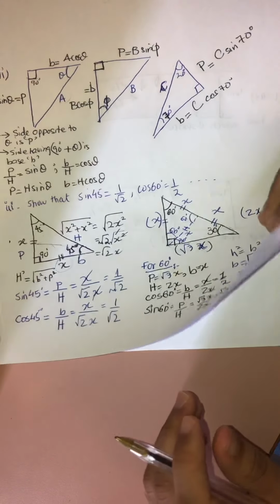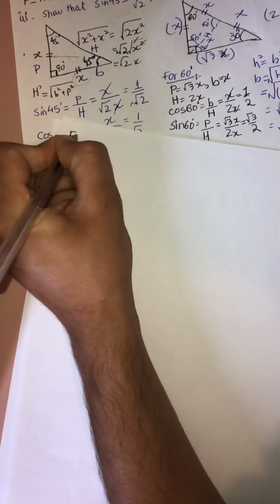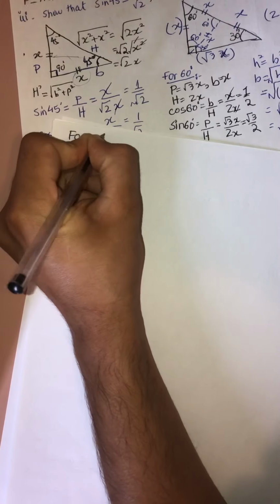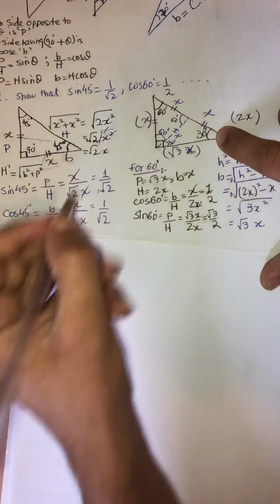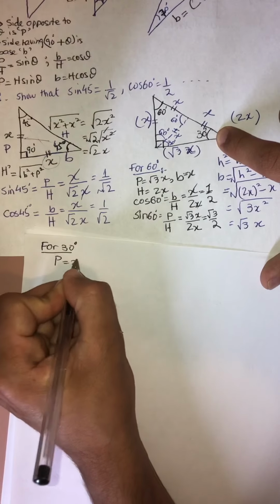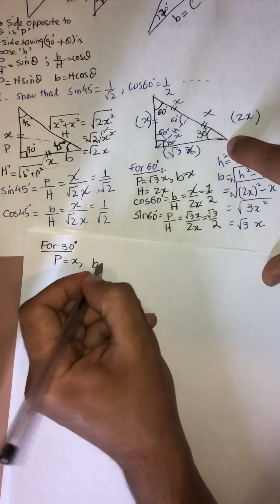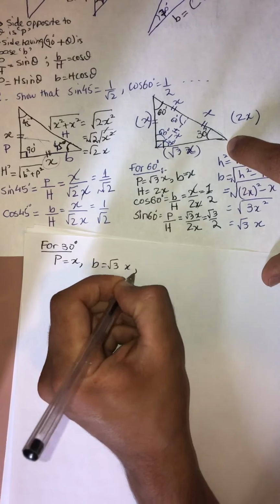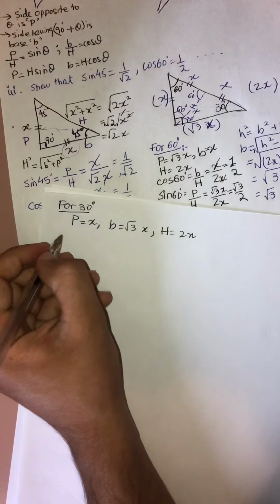If we do it for 30 degrees, taking this 30 degree as our angle, then this is our perpendicular. So our perpendicular is x, our base is under root 3x, and our hypotenuse is 2x.